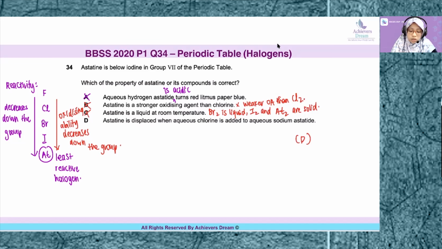Your more reactive halogen, in this case chlorine, is able to displace your less reactive halogen from its halide solution. Hence chlorine being more reactive than astatine, it will displace astatine from aqueous sodium acetate. Hence the answer is D.